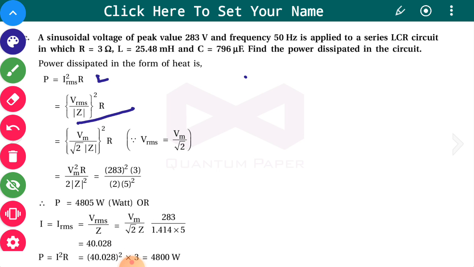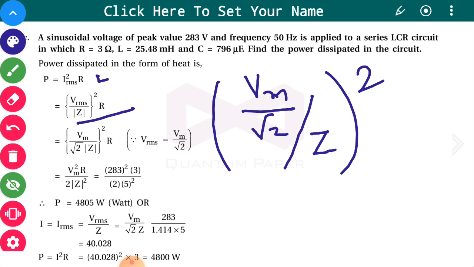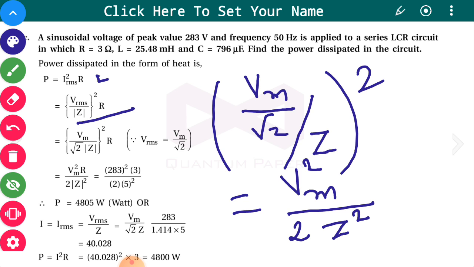So P equals Vm upon root 2 divided by the impedance, squared, into R. This becomes Vm square upon 2 into Z square, multiplied by R.